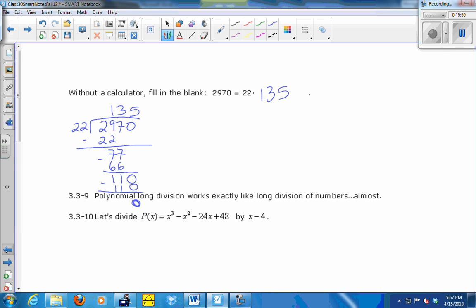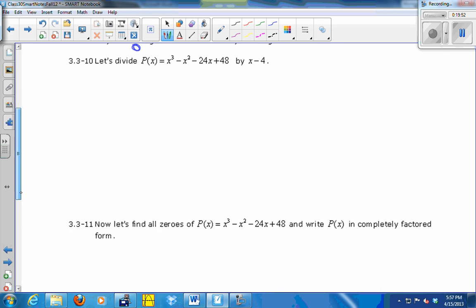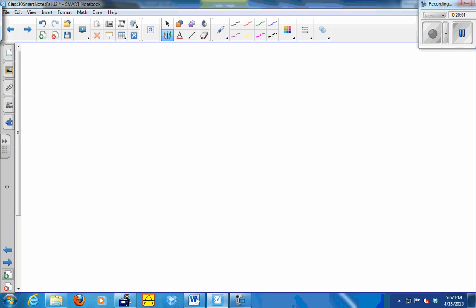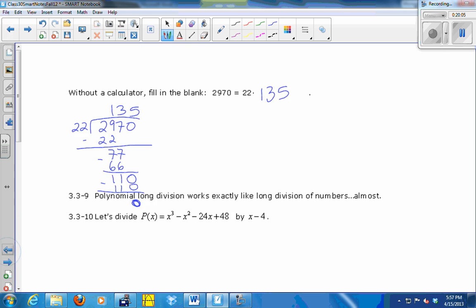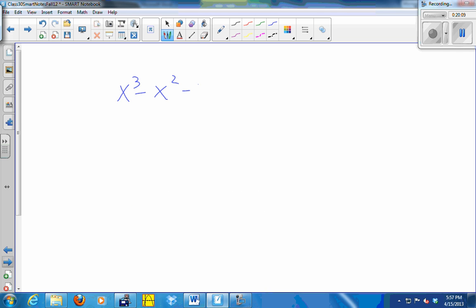All right, so I'm going to divide, actually, I'm going to do it on a separate slide so I have enough room. x cubed minus x squared minus 24x plus 48. I want to divide that by x minus 4.